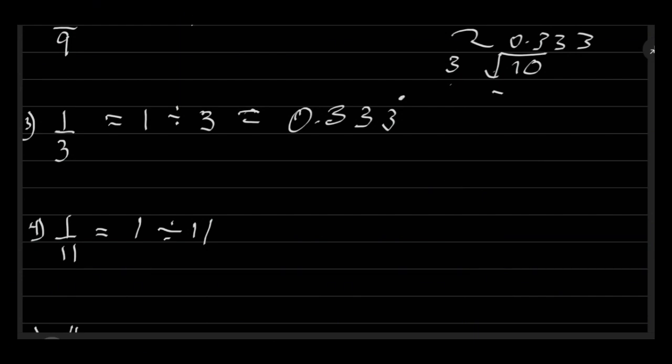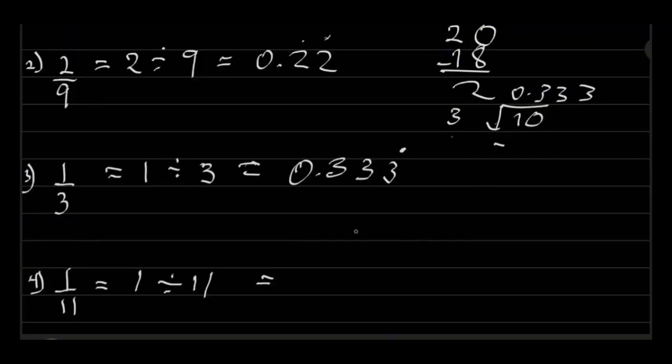So 11 is dividing 1. So 11 dividing 1 would be 0. We use our decimal point, 1, 0 here.